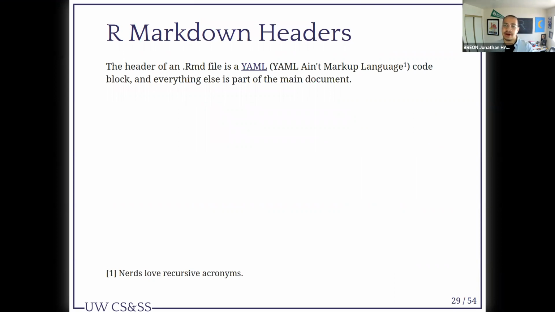A note about our Markdown headers. The header of a .rmd file is a YAML. YAML is actually a separate coding language. YAML stands for YAML ain't markup language. The code block and everything else is part of the main document.